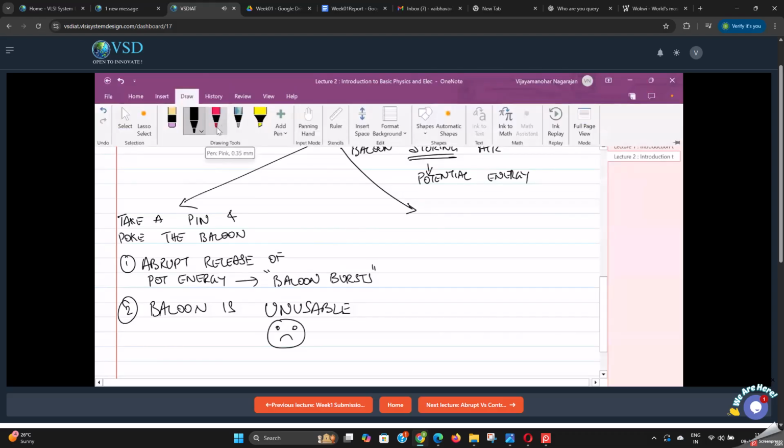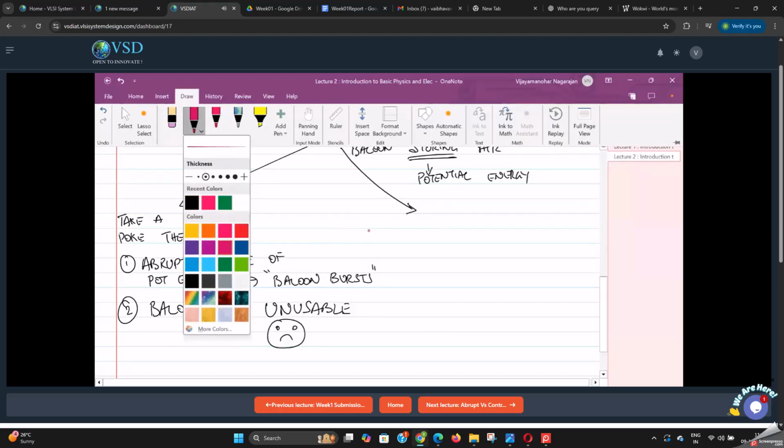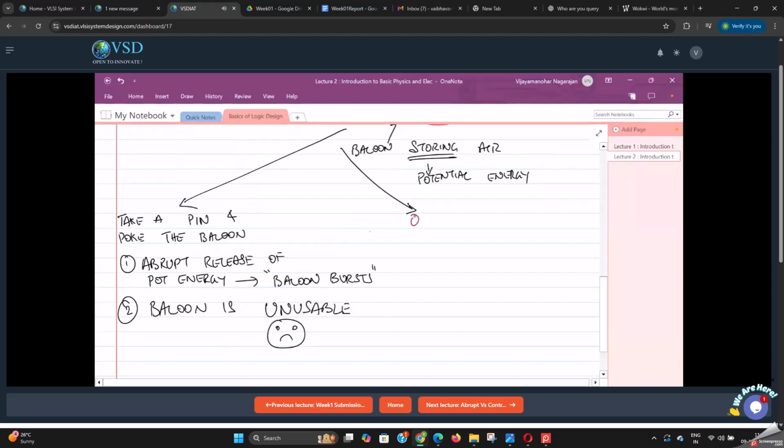Now, instead of this, let me do something else with the balloon. Open the mouth of the balloon. If I open the mouth of the balloon, what is going to happen? Air flows out. Yes or no? Air flows out. Here also air flows out.